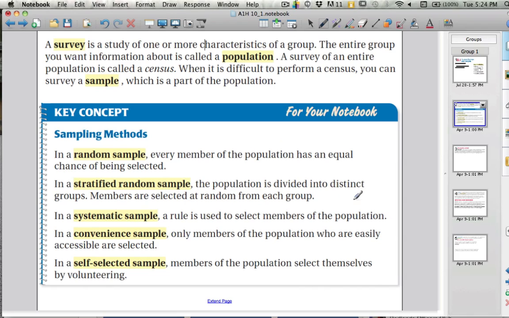It's a system, but it's not random. In a self-selected sample, members of the population select themselves. For instance, I might put my survey online and send a message to all the students saying, hey, take my survey. Then only the students who chose to participate by volunteering would be studied. These bottom three all have some level of bias within the sample.